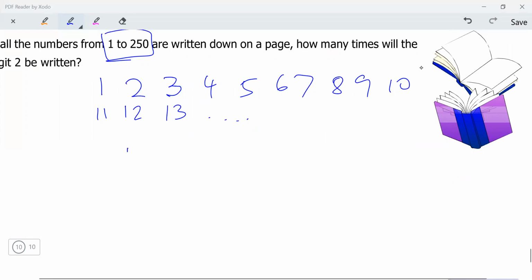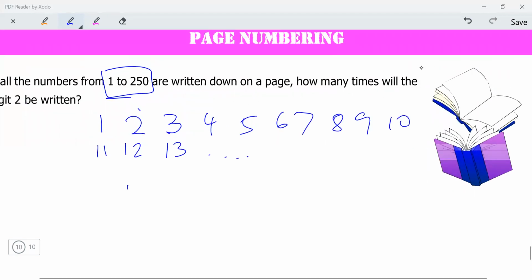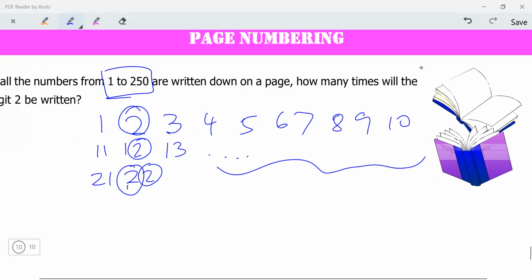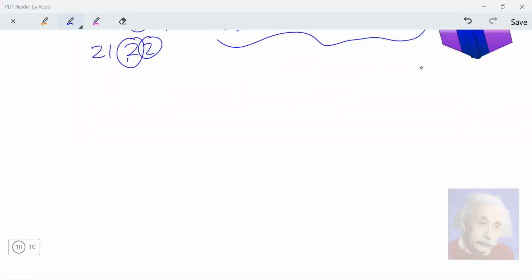I think we're going to go crazy if you write them all down. But we can see there's a 2 there and a 2 here, right? When will you get another 2? In the next row, you will have 21, 22. You will get a 2 there, but you'll also get another 2 there. You will not get any 2s over here. So think through it like that and see how many 2s you can count altogether.